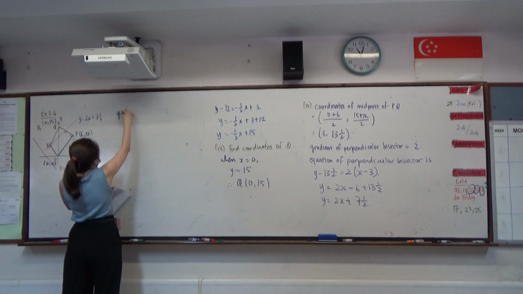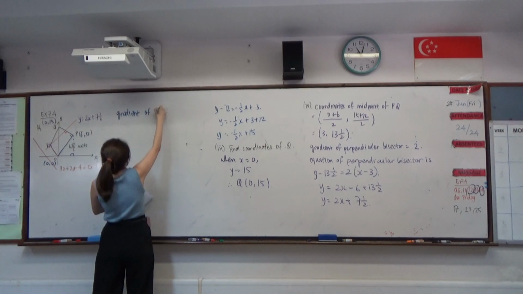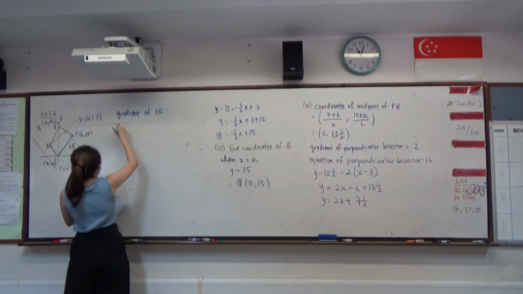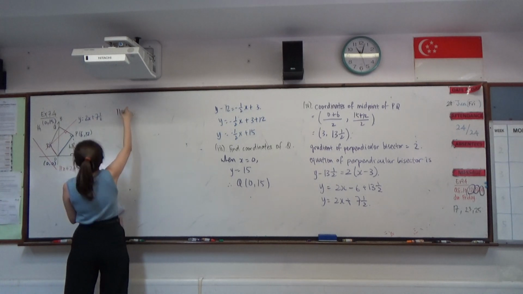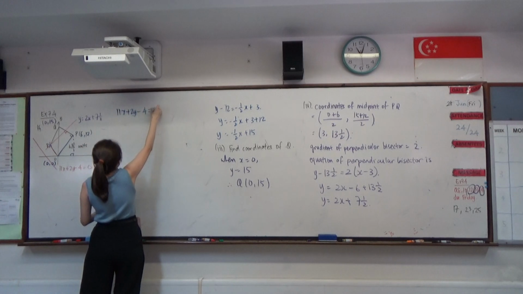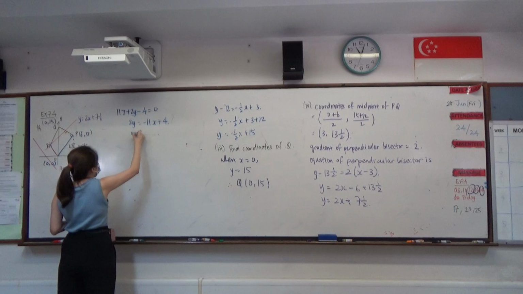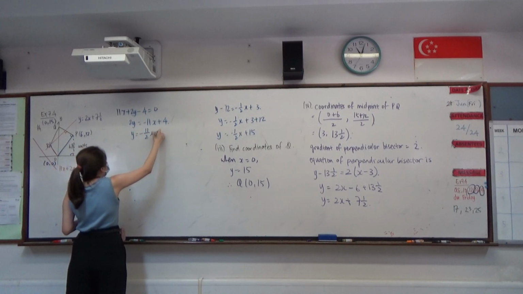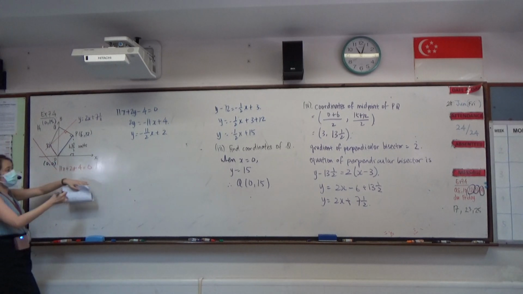So the gradient of OR, given 11x plus 2y minus 4 equals 0, we manipulate it into the form y equals mx plus c.